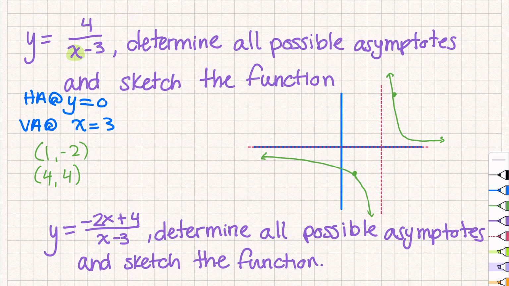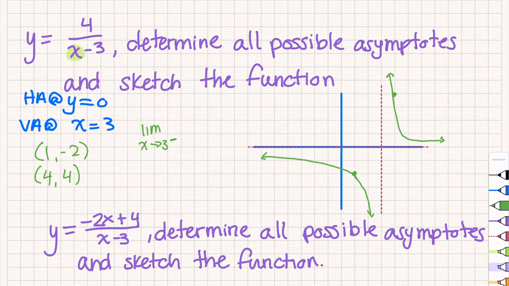Now, as we look at our function, what happens as we approach our asymptote of 3 from the left side? So as we approach from the left side, what's happening to the y values? What are they going to approach? They're going to approach negative infinity.